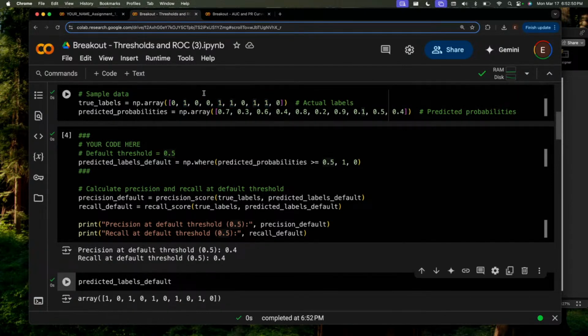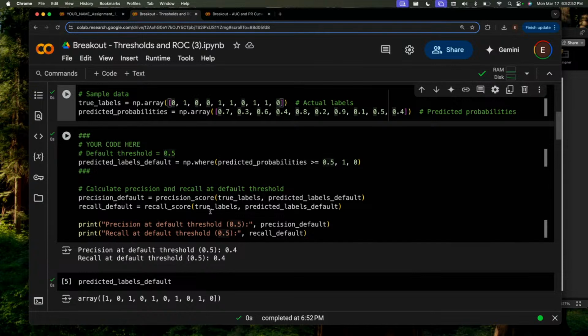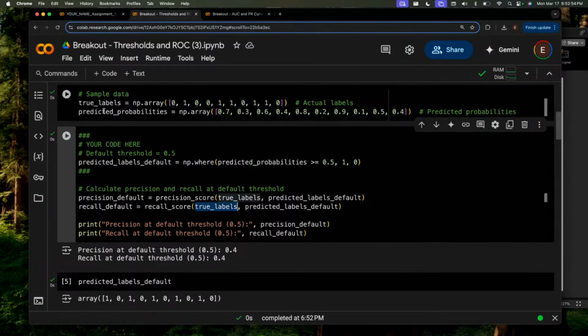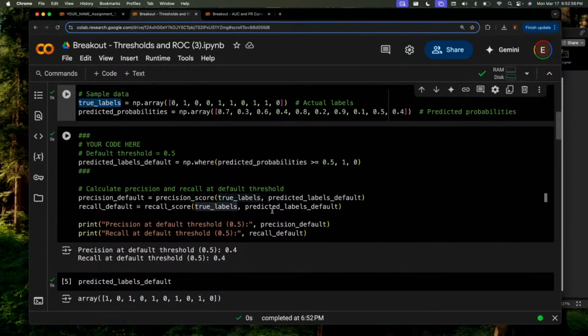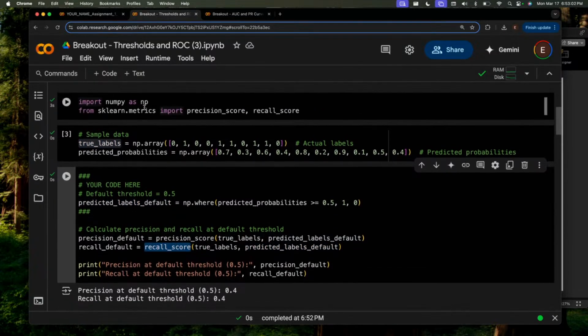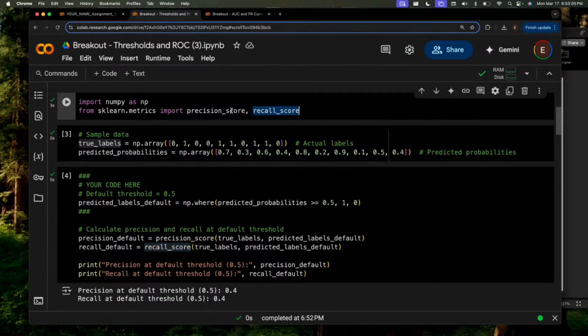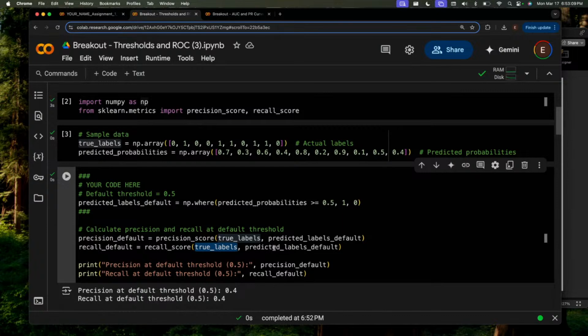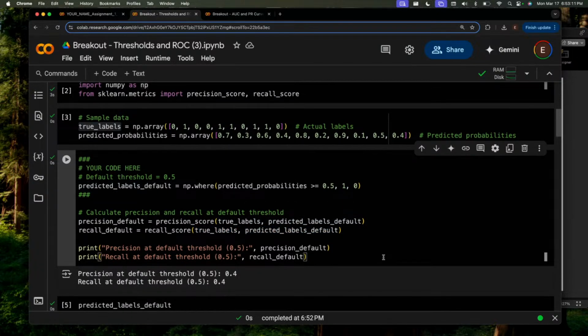We predicted 0, and it was 0. So we're going to pass these true labels and the predicted labels that we generated to this recall score, which is just an sklearn metric. We import sklearn's precision score and recall score, and pass our true labels and our predicted labels.